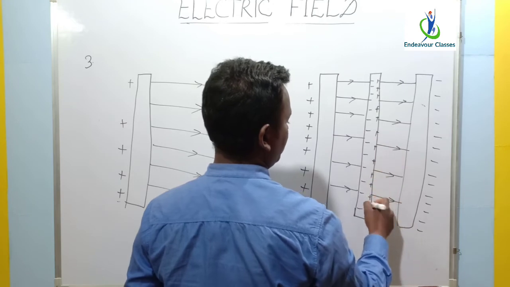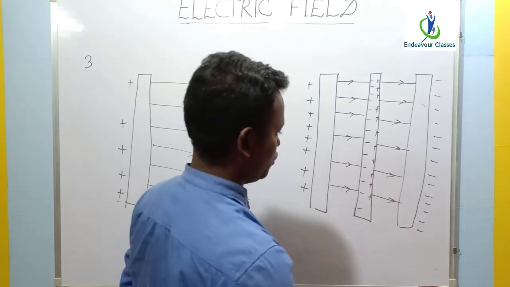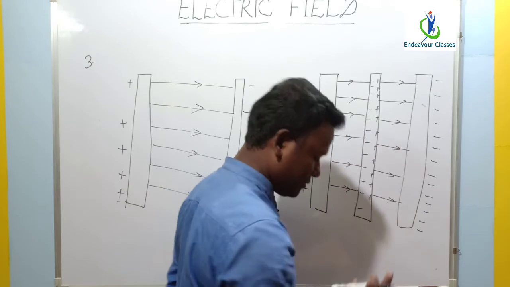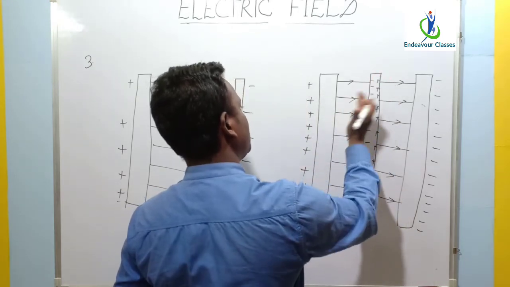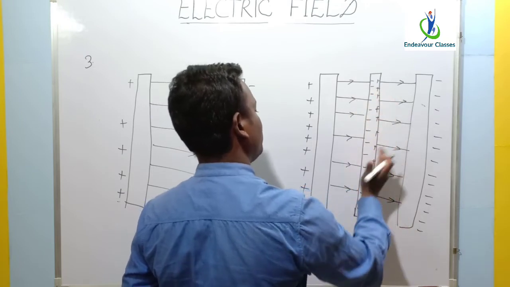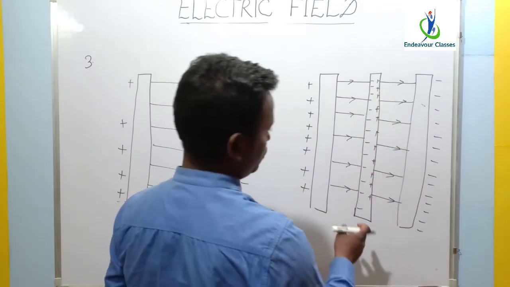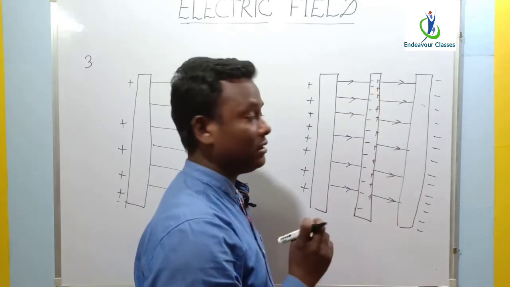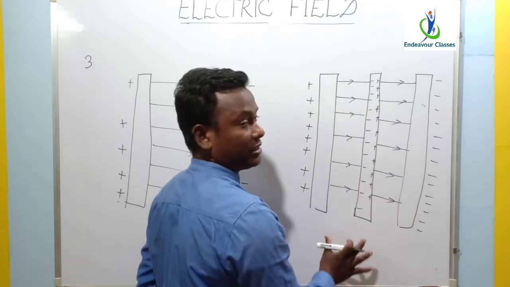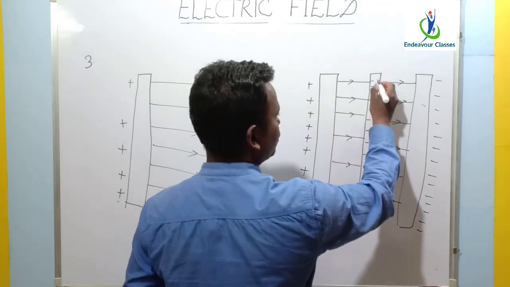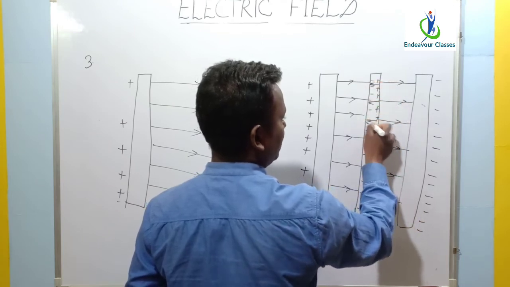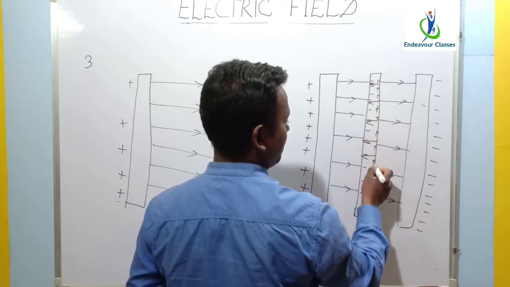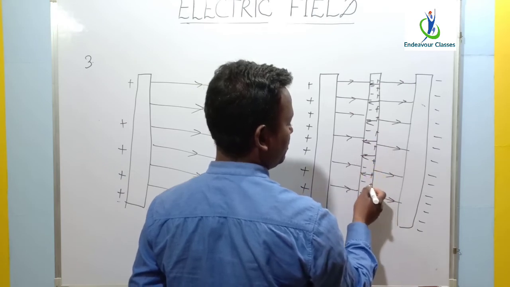As it is placed in between the positive and negative plates, the charges inside this plate will be rearranged, and the negative charges will come to this side due to attraction and the positive charges to this side. So another field will be developed inside this metallic plate, and its direction will be exactly opposite to the external field, because the field is from positive to negative.